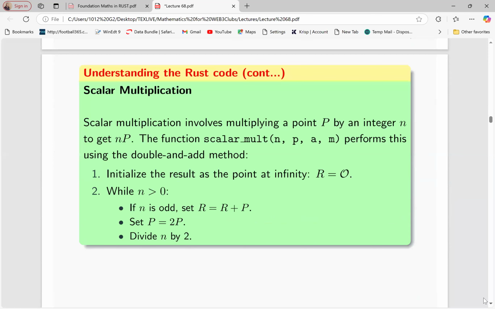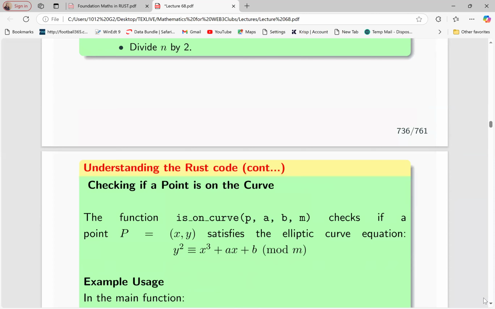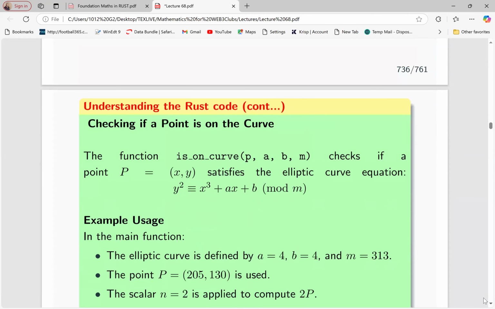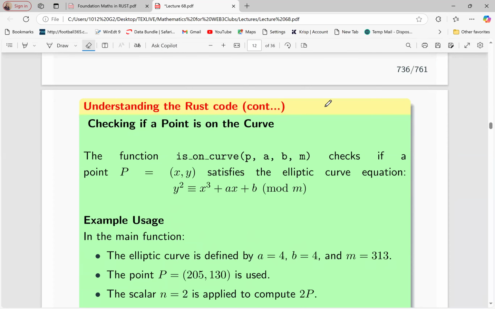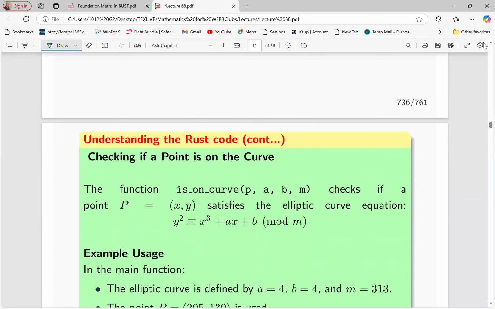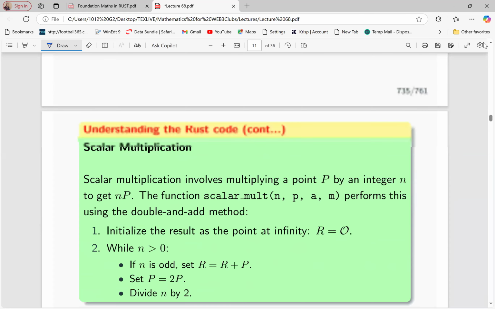Then I will explain how scalar multiplication is done at this point. Then I will explain that at this point, it checks if the point is on the curve. I don't know whether I showed you where it's checking if the point is on the curve.